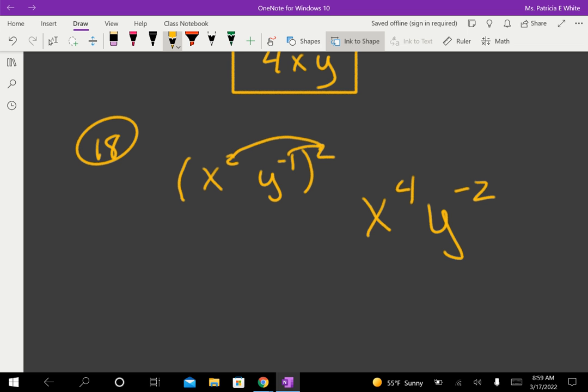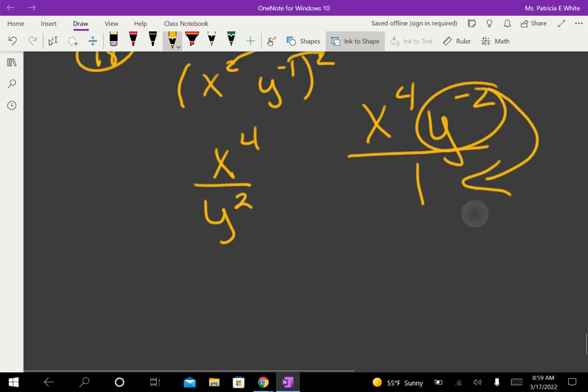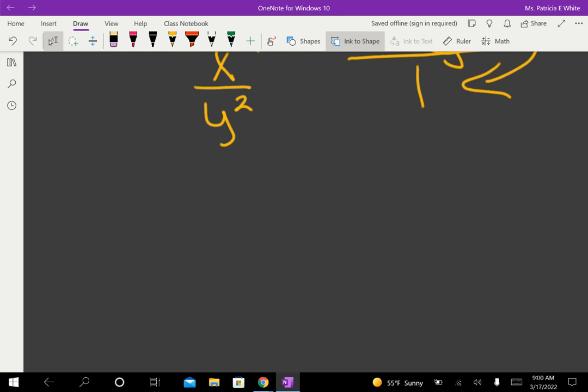Okay, I have a negative, so I'm going to have to flip. Putting it over 1, x to the 4th is fine. It's staying right where it's at. I got to flip that y to the negative 2 over. So I'm going to have x to the 4th, and this guy has got to come down. y, once it's down there, that's a positive 2. Okay? All right.